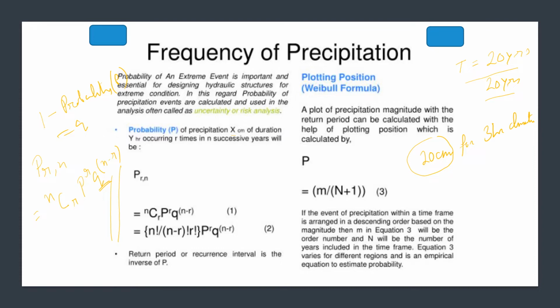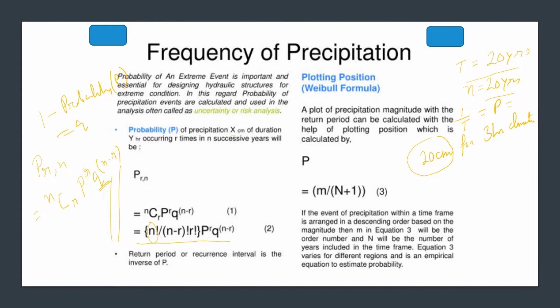Okay, so how do we find it? Here you see T is equal to 20 years. As you know, 1 by T, the inverse of the return period, is your probability. So you find what is 1 by T. Then next you apply this formula. This is n factorial. This n is the next n number of years. Here n is 20.